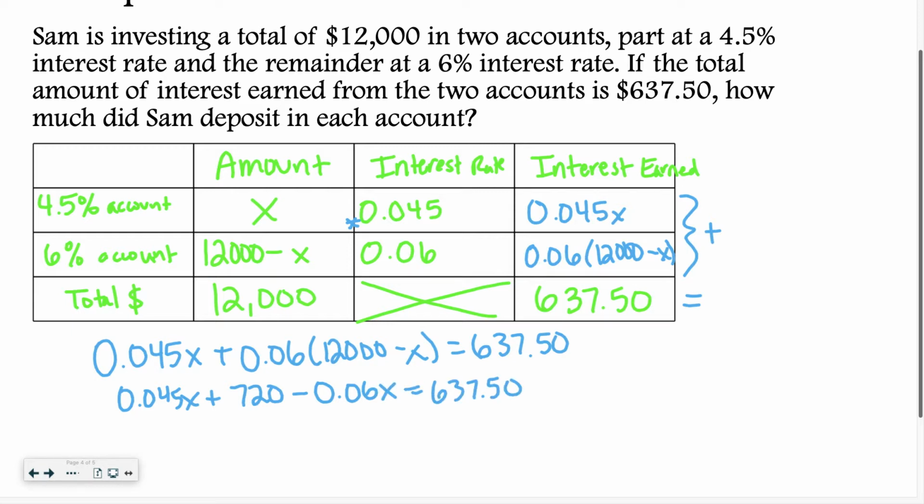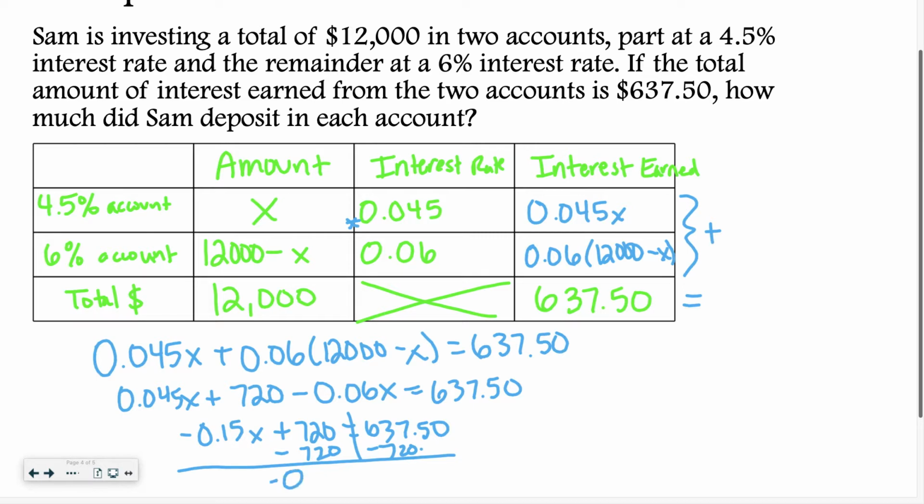Again, I can simplify more because I can combine my x's, and I get negative 0.015x. And I can say plus 720 equals 637.50. Subtract 720 from both sides.